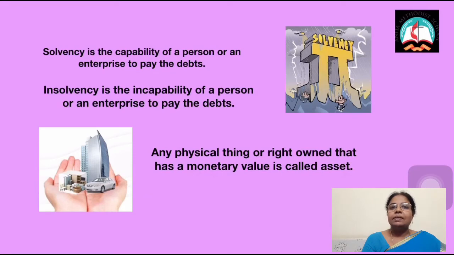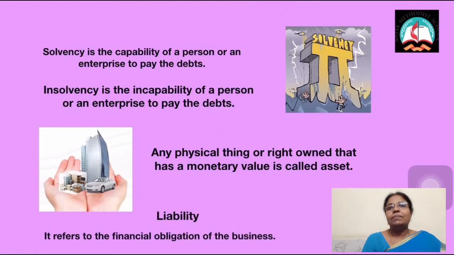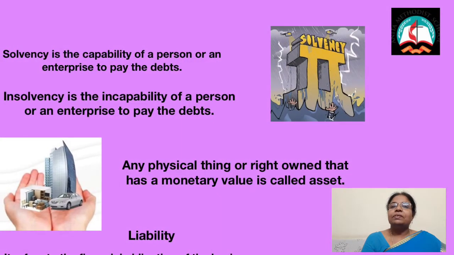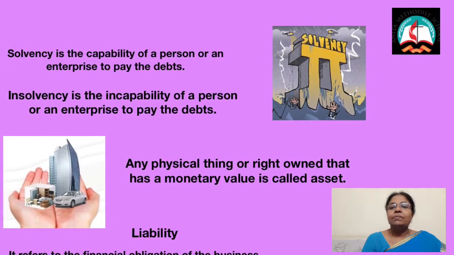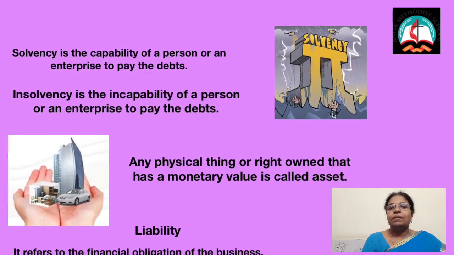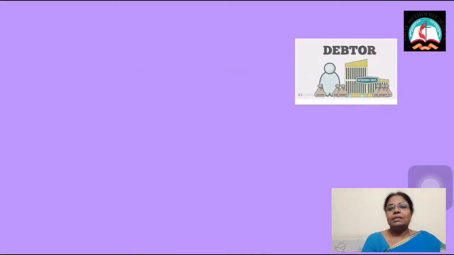Asset: any properties, any physical thing or right owned that has a monetary value is called an asset. Liability. What is liability? It refers to any financial obligation of the business.